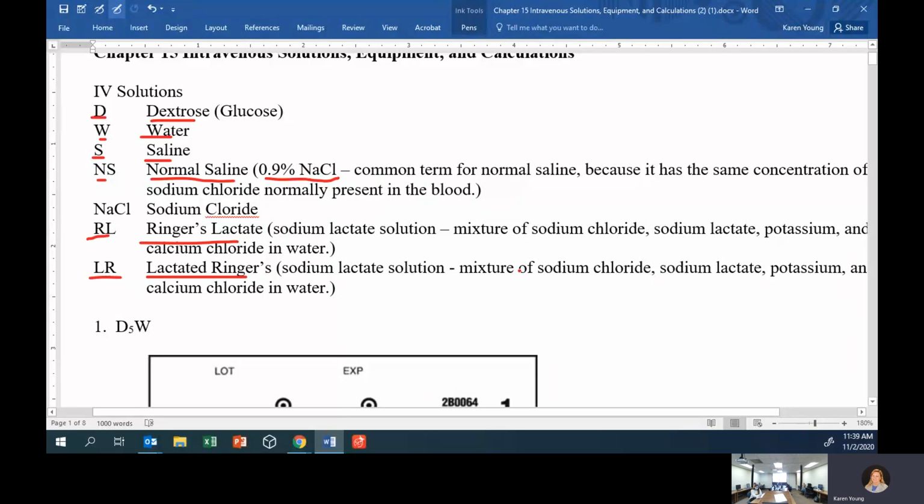They're the same thing. It's a mixture of sodium chloride or sodium lactate, potassium, and calcium chloride in water. I don't know the difference between RL and LR, unless it's just the different companies that make them.